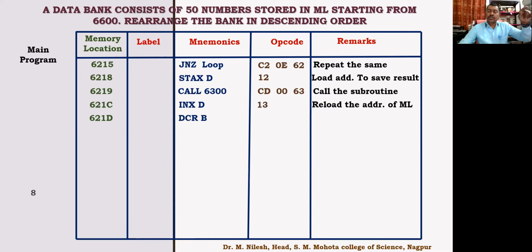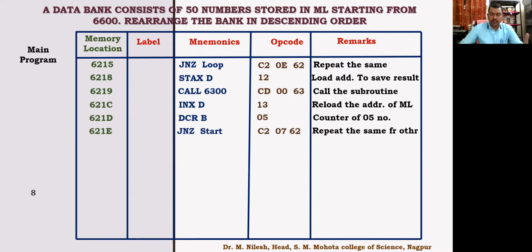So again repeat the same procedure at 6207 memory location. That is the loop that we are having. So jump if not zero to start. So start is the label where we need to jump again to the beginning. So yeah, and then it is halt. So if all the five numbers are over, then it will stop the program.